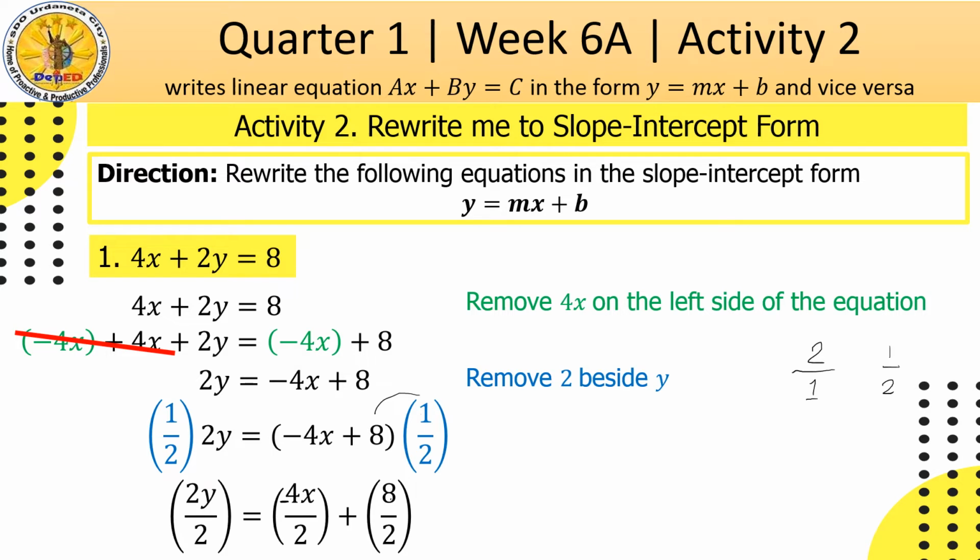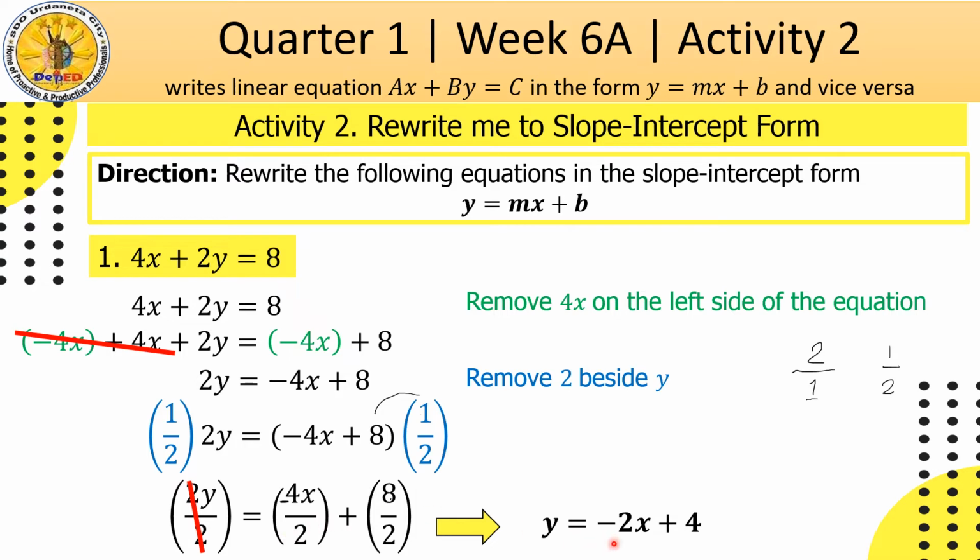And then we can simplify this further. Okay, we can cancel this out because 2 divided by 2 is 1. Okay, and then we have this as the answer. Naging 1 na po yung katabi ng y because 2 divided by 2 is 1. And then here, how come that it became negative 2x? Okay, we have here negative 4 divided by 2 is negative 2.